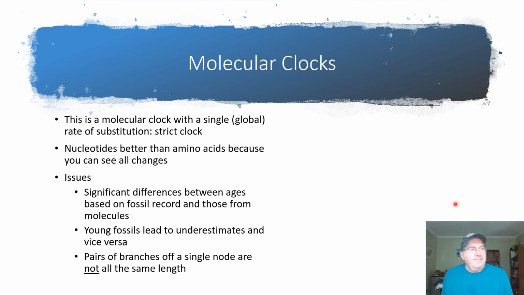So this was very popular and got a lot of attention. Of course, I'm sure you've heard of molecular clocks and thought about that this is basically the way that they work. But there's some significant issues here. First of all, when people started applying strict molecular clocks to problems that were thought to be fairly well known, such as the age of angiosperms, the age of mammals, and things like that, they found that there could be some pretty significant differences between the projected ages of these groups when they were based on fossils as opposed to when they were based on molecules.